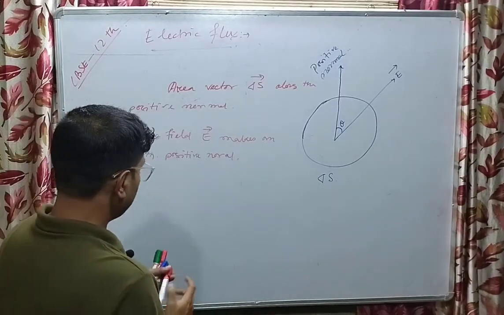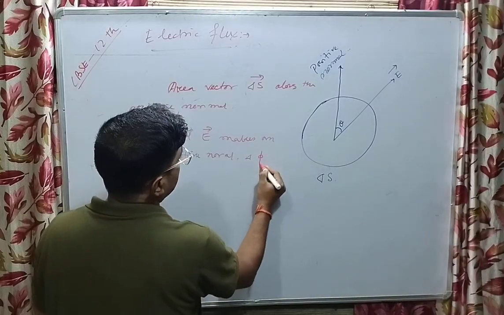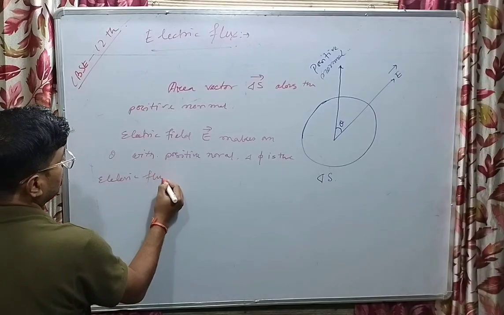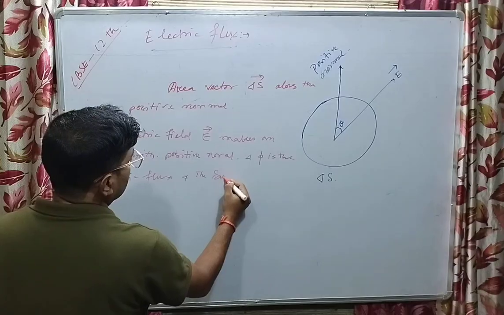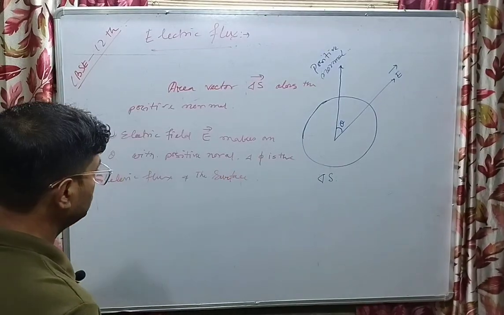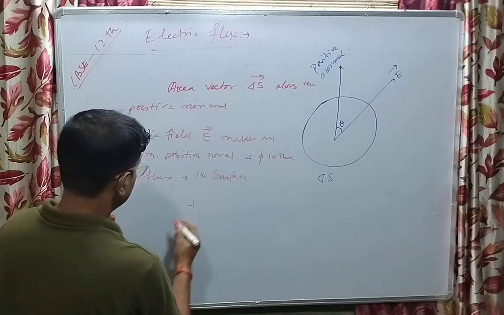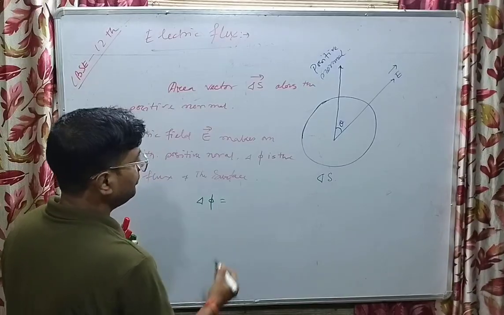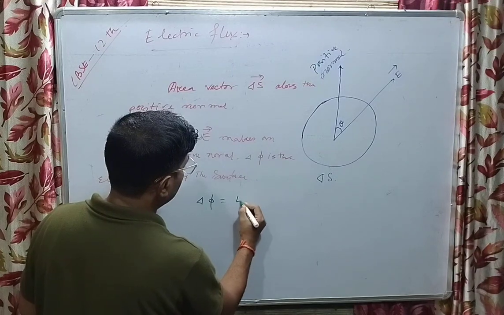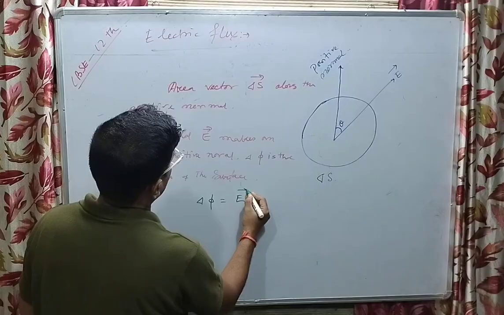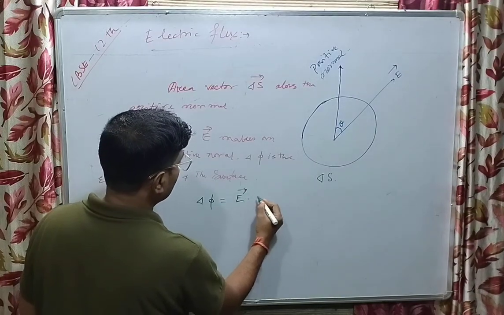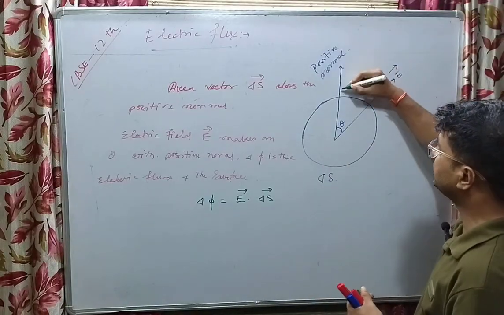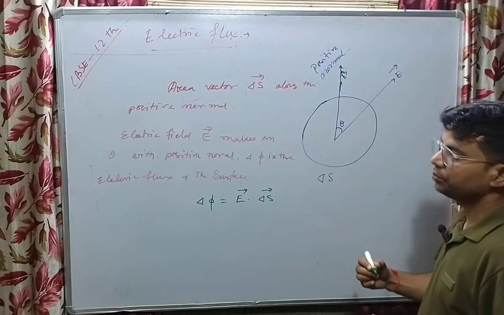Now delta phi is the electric flux of the surface delta S. Students, delta phi will be given by the dot product of the electric field vector E and the area vector delta S, which is along the positive normal.